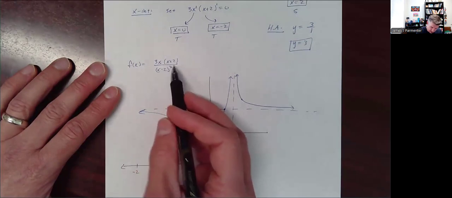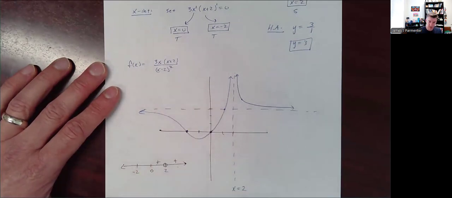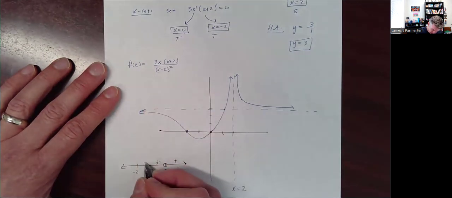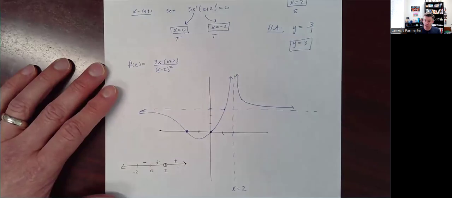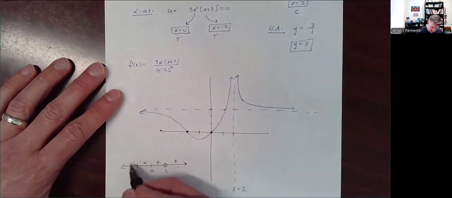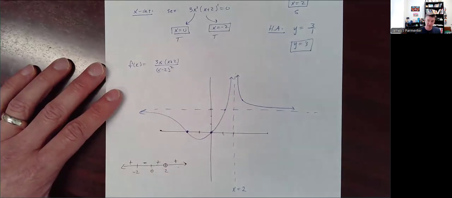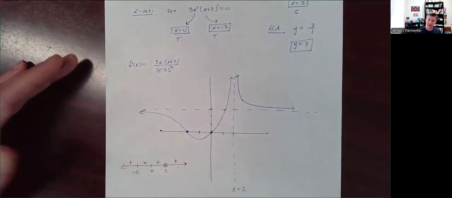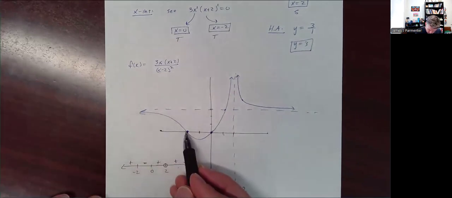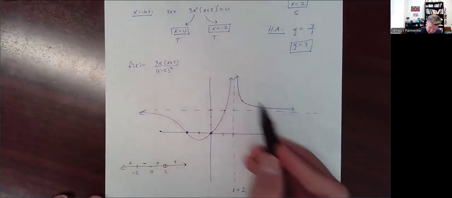Since it's raised to an even power, we know the sign doesn't change. 0 came from 3x to the first, odd power, so the sign changes, where you have opposite behavior or going through behavior. And -2 came from (x + 2) to the first. So again, the sign changes. You either have opposite behavior if it's an asymptote or going through behavior if it's an x-intercept. So yeah, positive, negative, positive, positive.